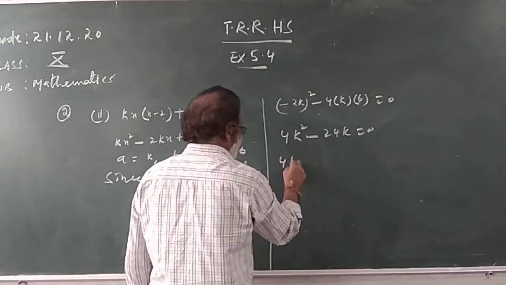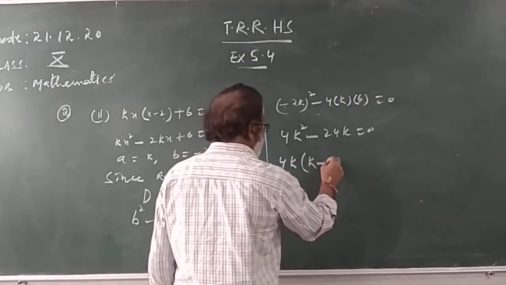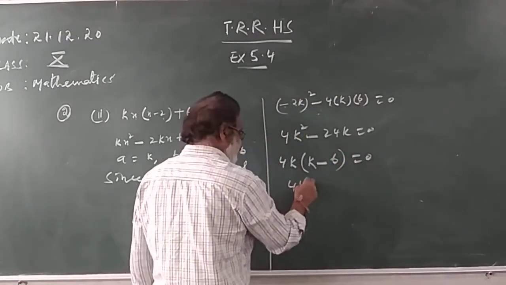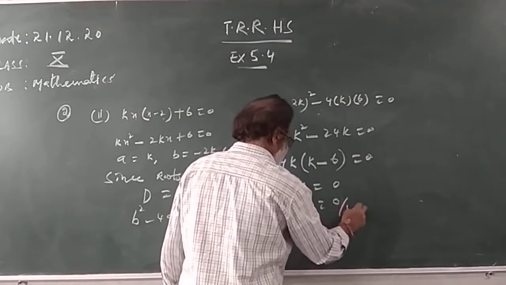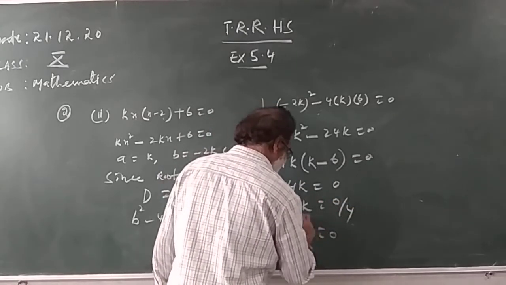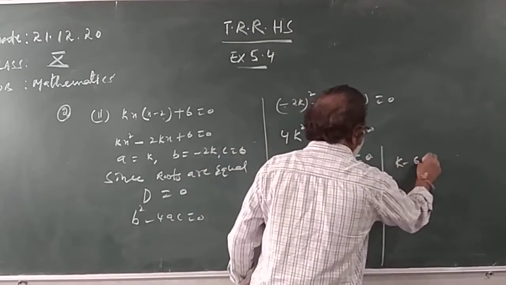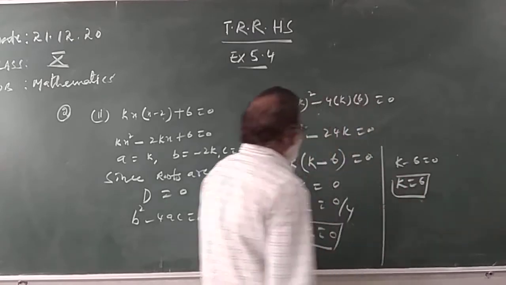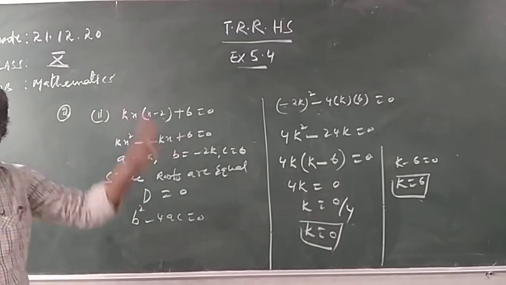Take 4k common: 4k into (k minus 6) is equal to 0. Each factor equal to 0. 4k equal to 0, so k is equal to 0, or k minus 6 is equal to 0, k equal to 6. So for the roots to be equal and real, k equal to 6.